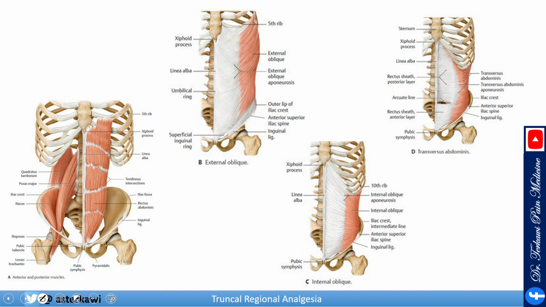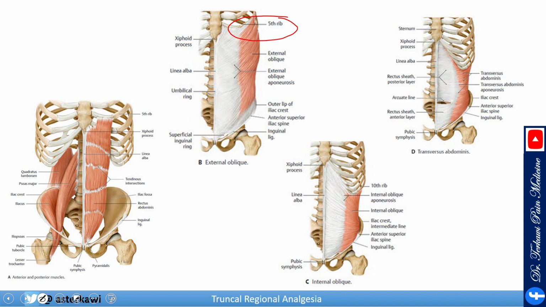This is another picture, and what's important to remember, especially for the external oblique, is that it starts from the 5th rib. This is important when we talk about the external oblique intercostal nerve or plane block, sorry.